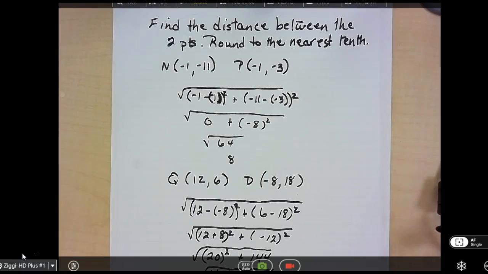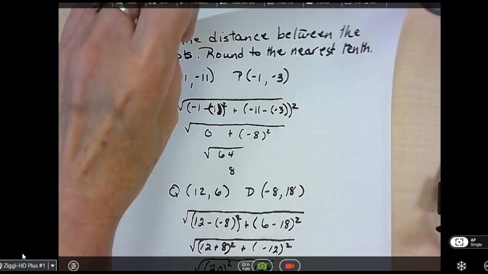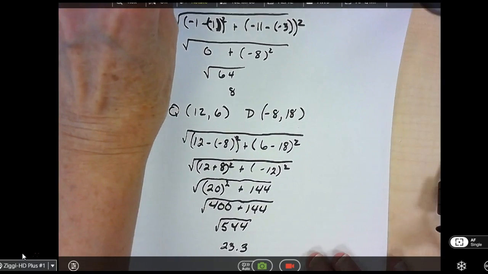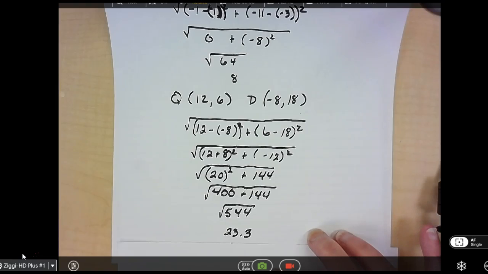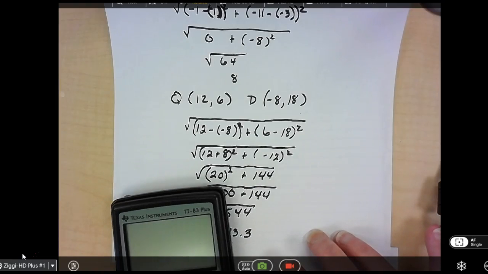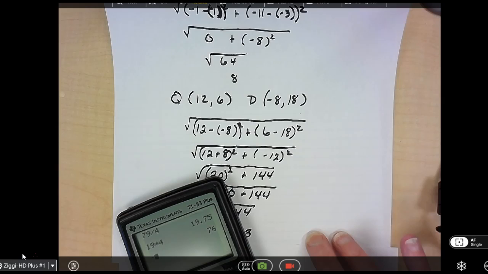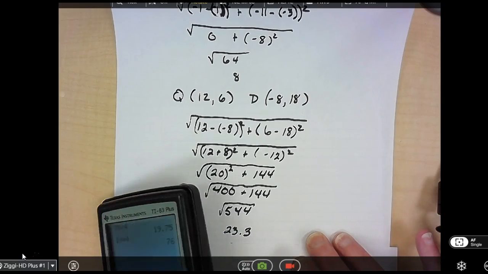I'm going to take the square root of that and put it in your calculator, because it's not a nice, neat number. I wanted it rounded to the nearest tenth.